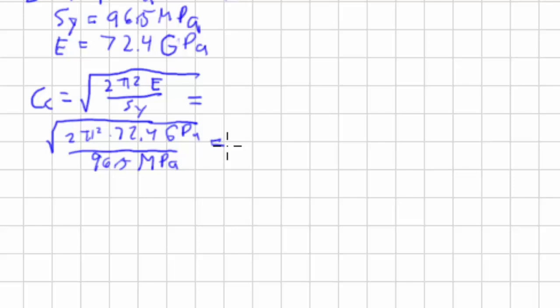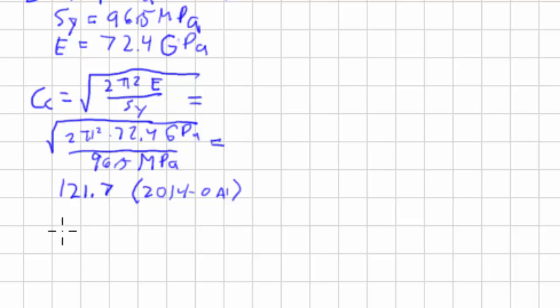And we end up with a column constant of 121.7. Now notice that we have gigapascals divided by megapascals, so that's just 1,000 megapascals, so the units all cancel out, and so this is 121.7. It's unitless. Okay, so that's what we're going to use for 2014-0 aluminum alloy.